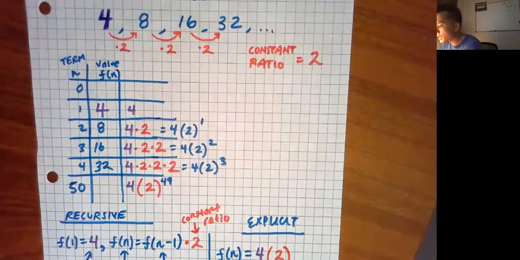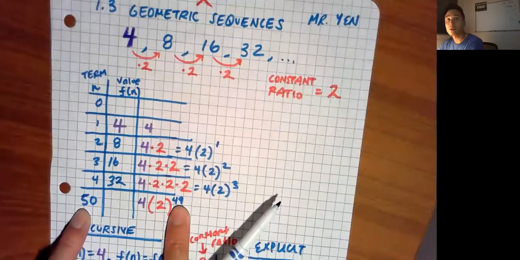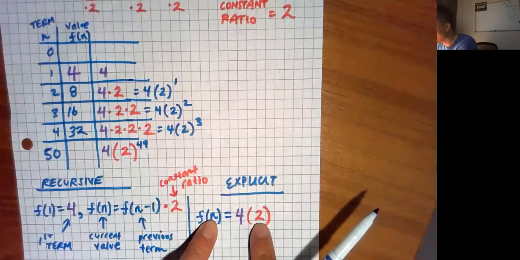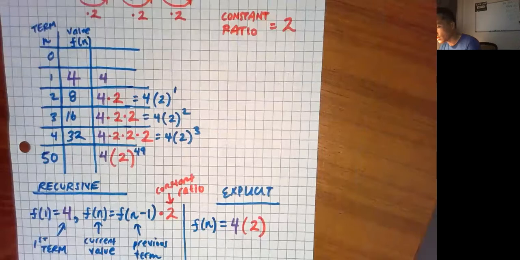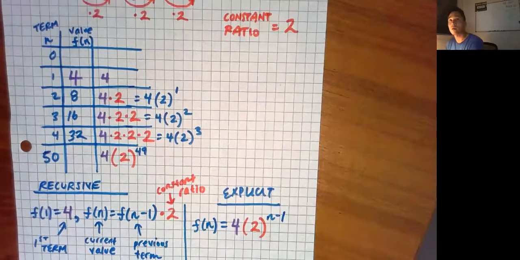And the number of times that we're multiplying by 2 is equal to 1 less than whatever the term number is. So if I'm trying to go all the way up to the nth term, then I have to multiply by 2, 1 less than whatever n is. So that's why I'm going to say to the n minus 1 power.